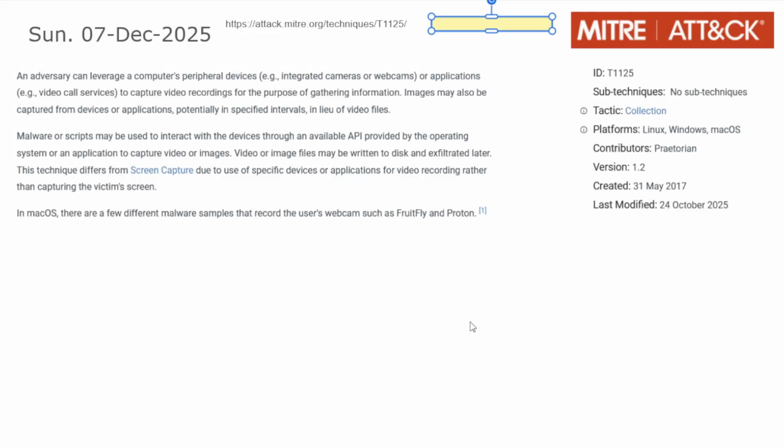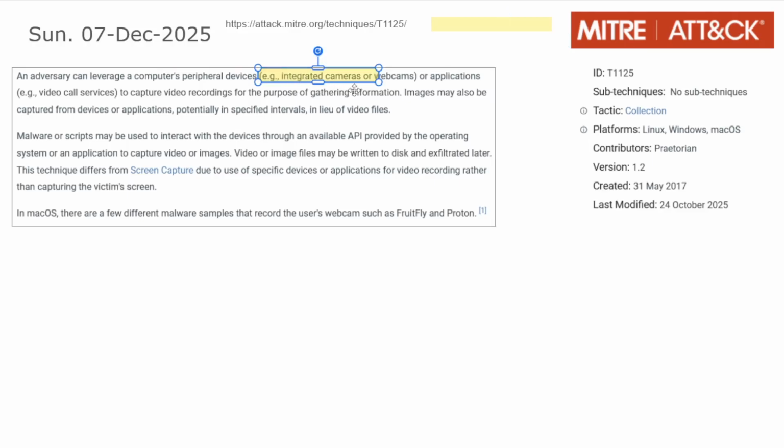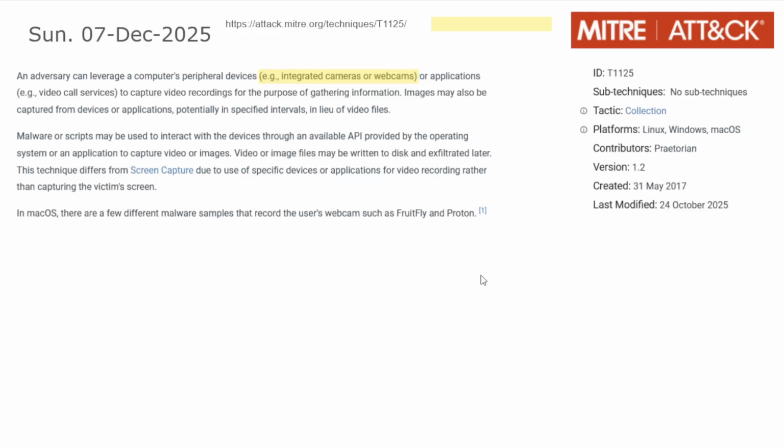Similar to the audio capture, here we are now talking about peripheral devices, integrated cameras or webcams. So you might have noticed a lot of people having these stickers over the webcam, and some people call them paranoid or whatever, but it's not.